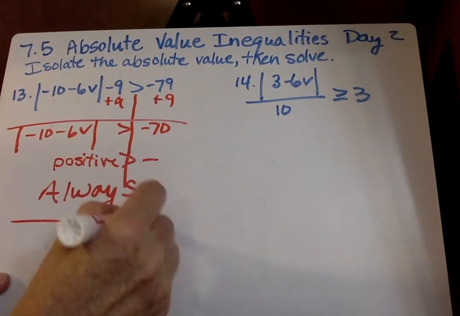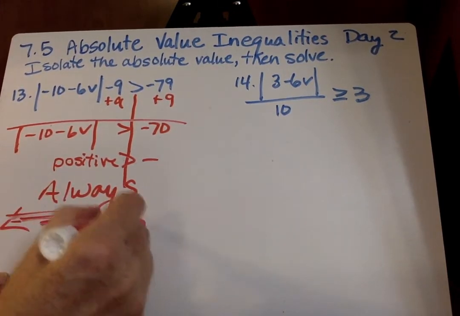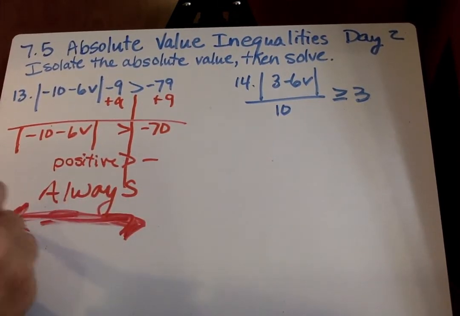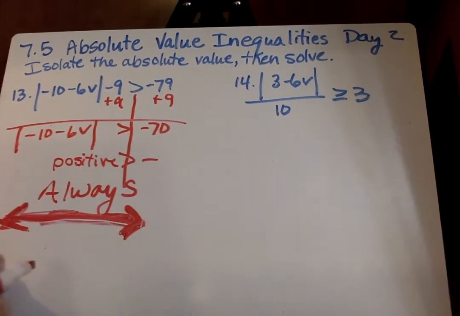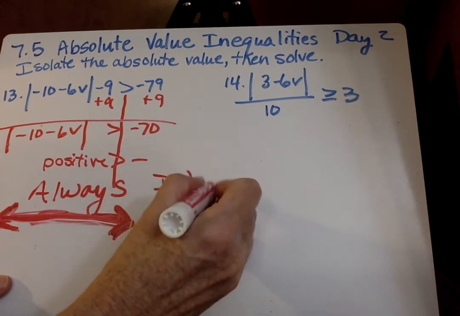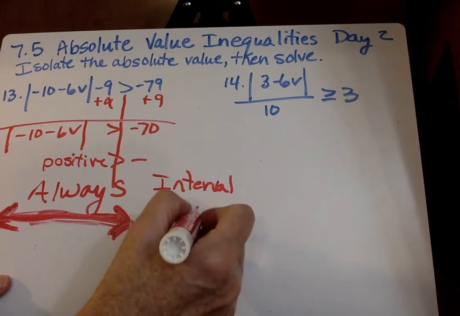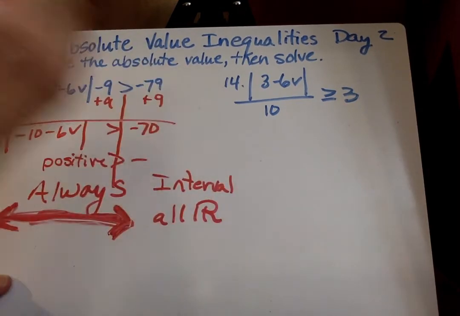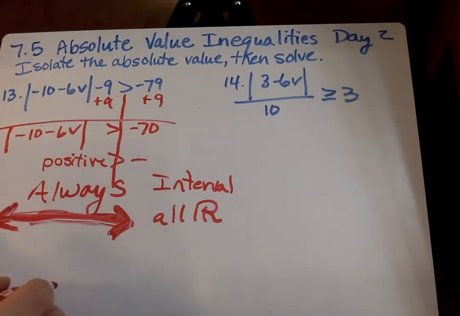Now when it's always true, we can just shade the whole number line, although you still want it to look like a number line. And our interval, I'm going to just put all real numbers, fancy R. And you're done. See, that's not so bad.